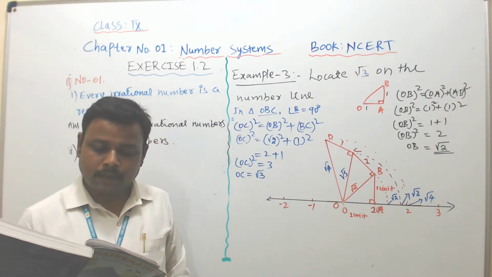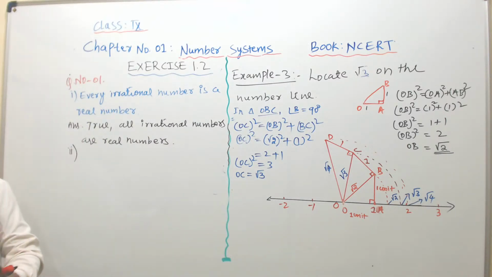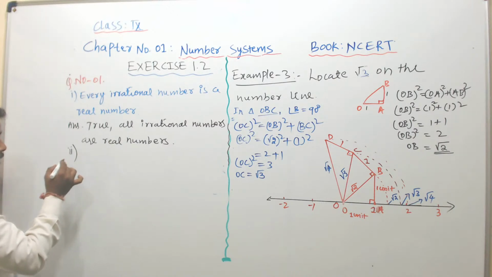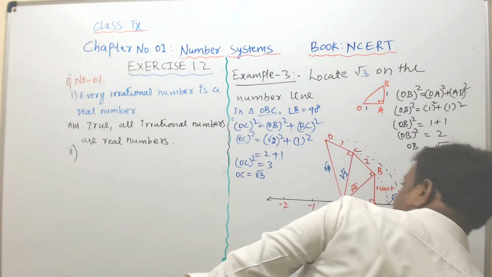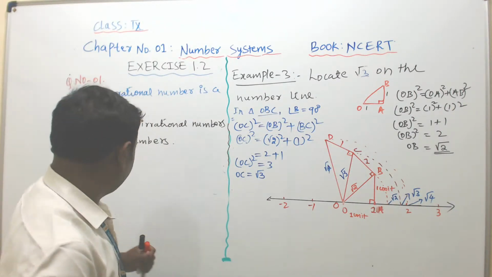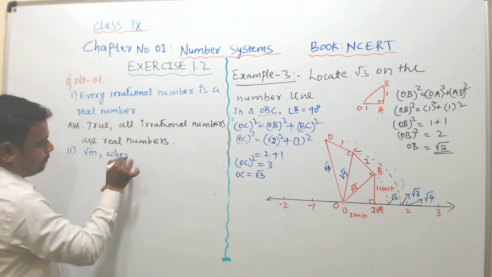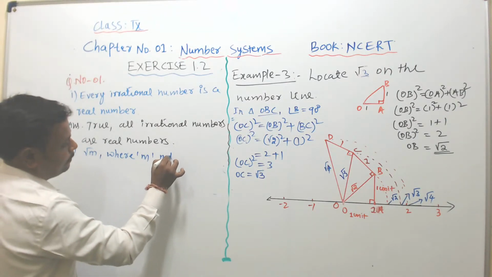Listen, question: every point on the number line is of the form root m, where m is a natural number.